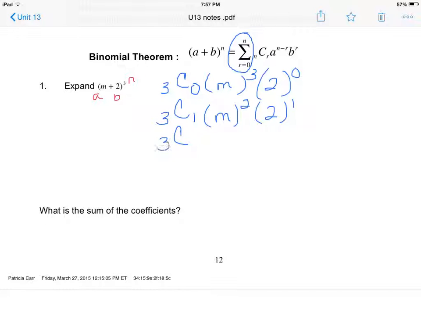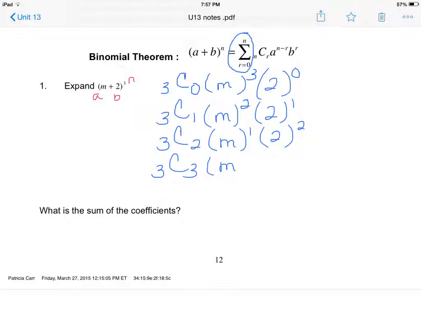C, 3, 2, because we have to keep doing the combination until my r actually is my n, which is 3. So I have m to the first, 2 to the second. Combination of 3, 3. Okay, this will be my last one because my n and my r match.